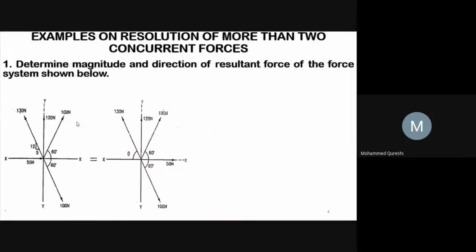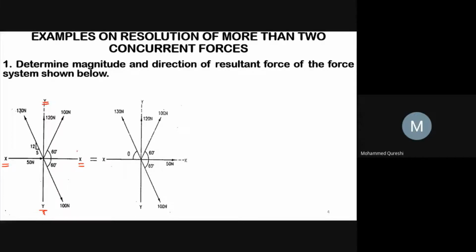Now, let us consider first example. So, what is given? Determine the magnitude and direction of resultant force capital R of the force system shown below. So, here this is our force system that is given here. This is your x-axis, and this is your y-axis.